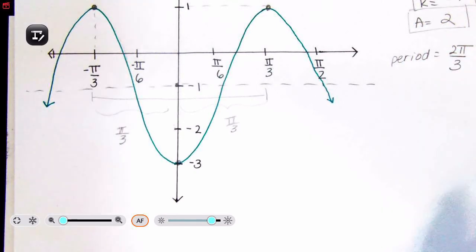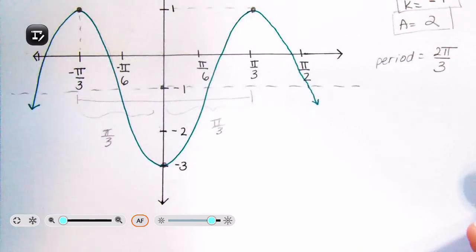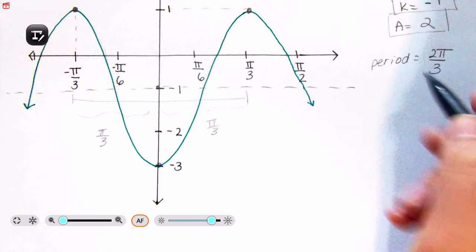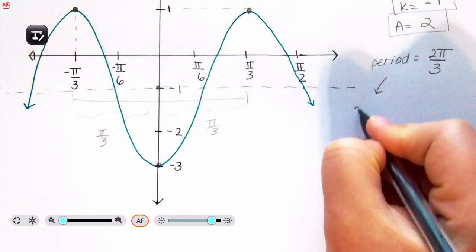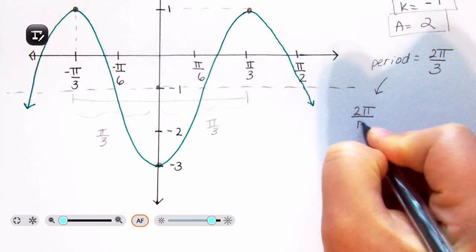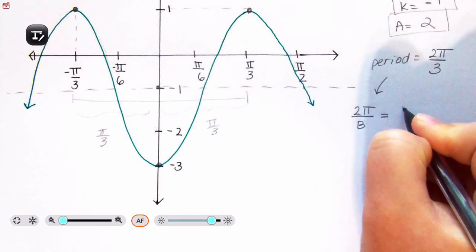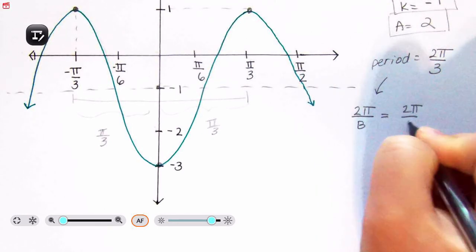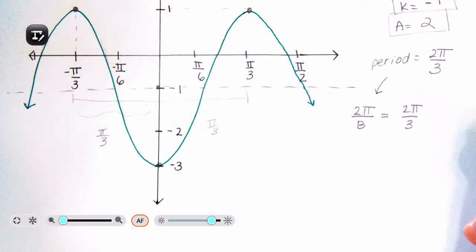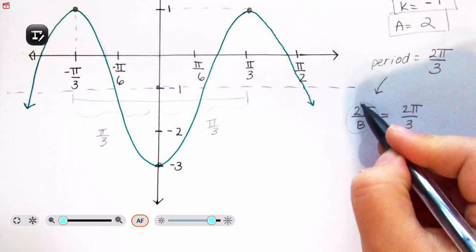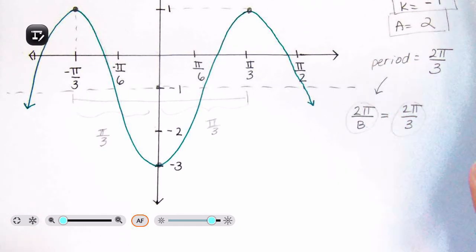So again, what do we need out of our period? We need to determine what our b value is. So how do we do that? We set 2 pi over b equal to whatever our period is. Now I'm going to show you a trick. Notice how this is a fraction and this is a fraction. We need to solve b. Just flip it.